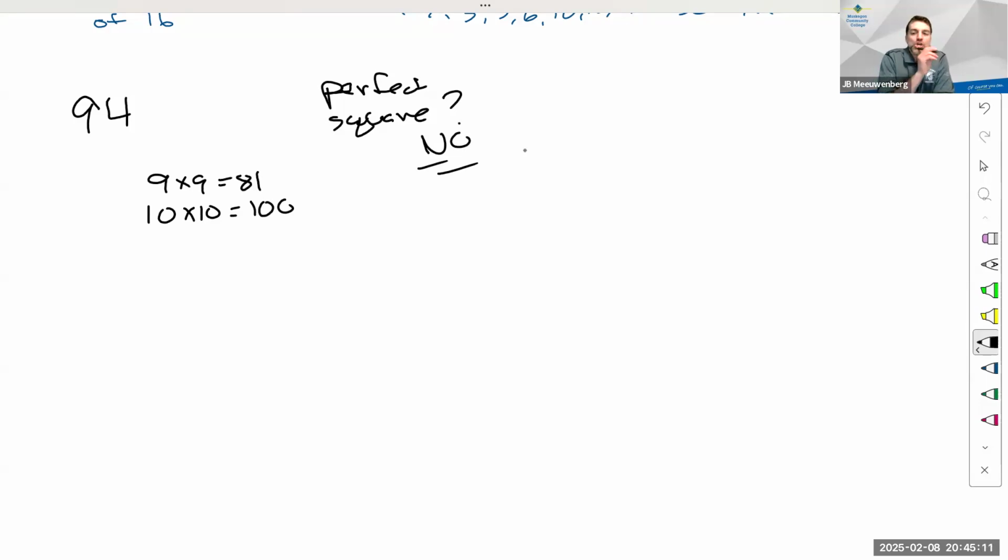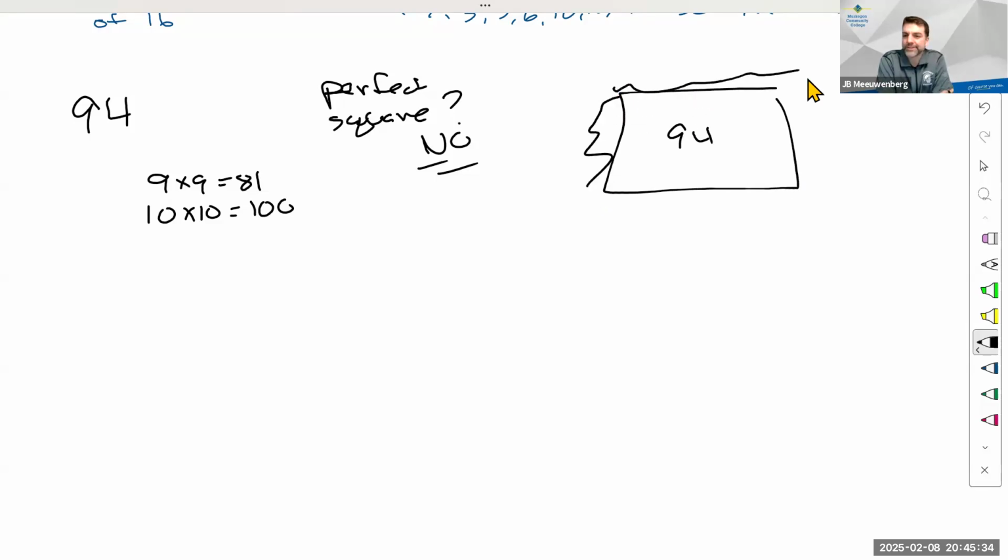Okay. So what I want to consider then is, what do we know about the dimensions of rectangles that would have an area of 94? Or if we were making an array and we wanted 94 pieces in it, what do we know about the rectangles?